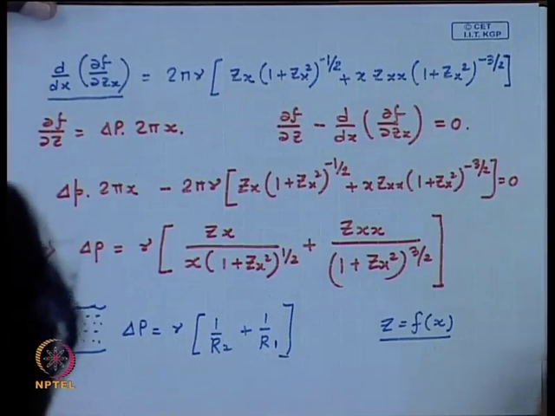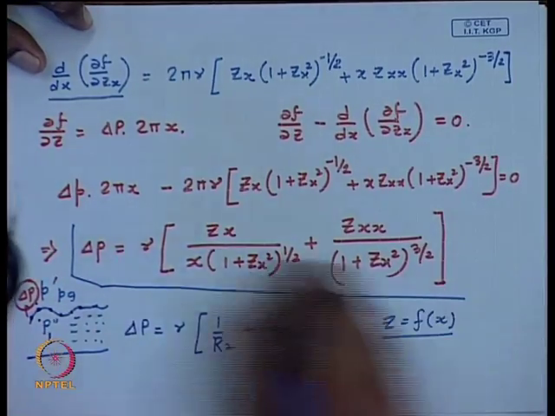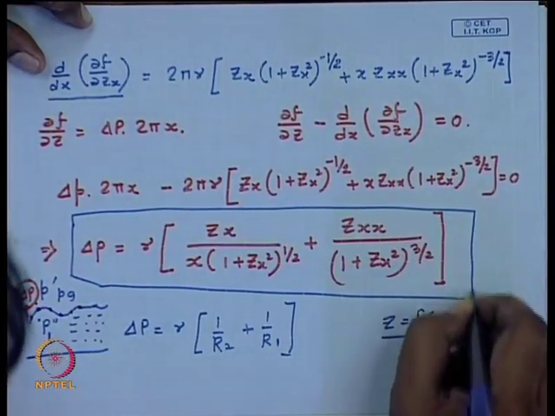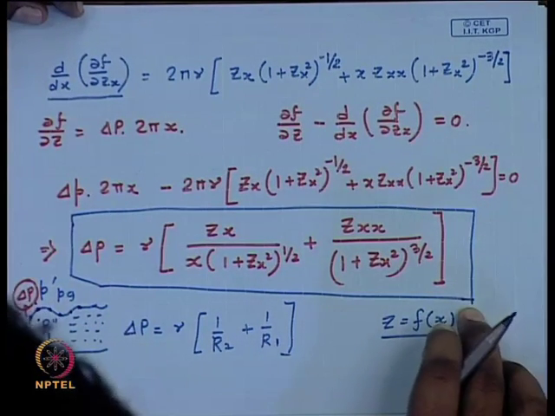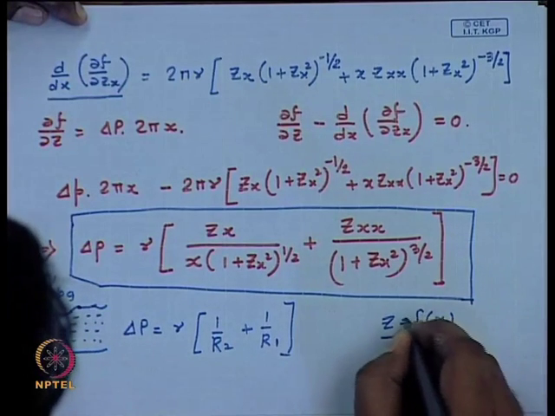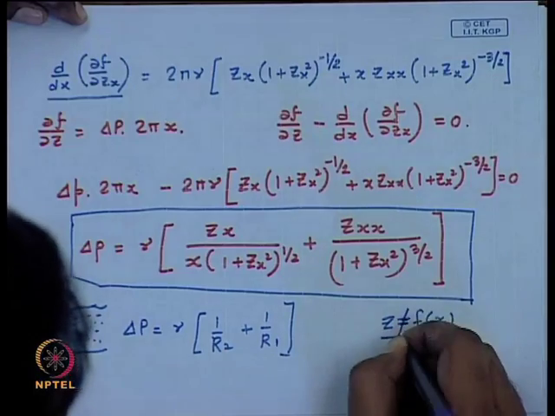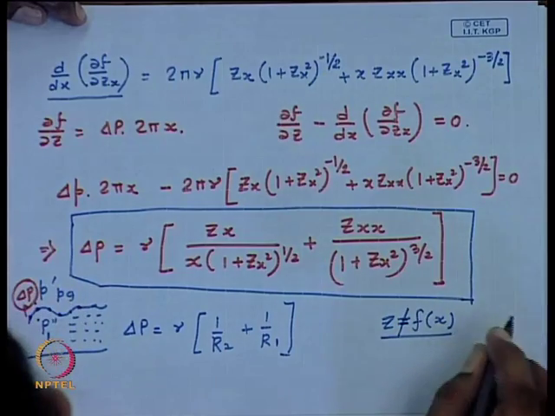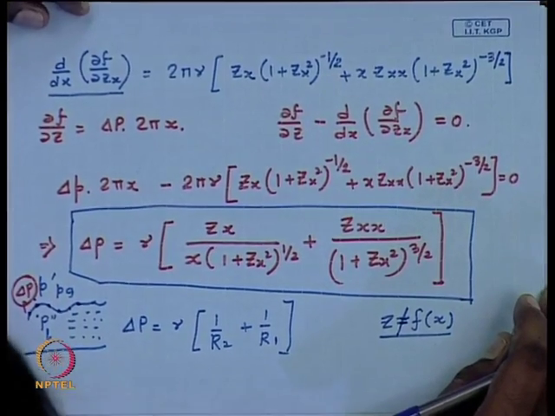A couple of things to remember: this is the general form of the Young-Laplace equation for an axisymmetric surface. The moment you have a non-axisymmetric surface, you can no longer have this particular form, because if the axial symmetry is not there, you can't express Z in terms of x, and so this expression becomes redundant.